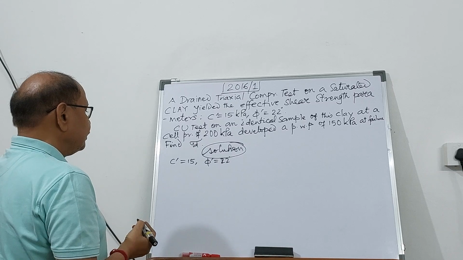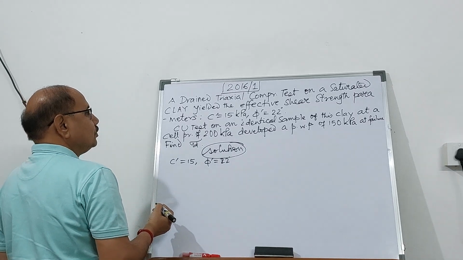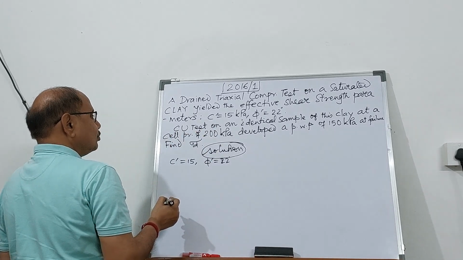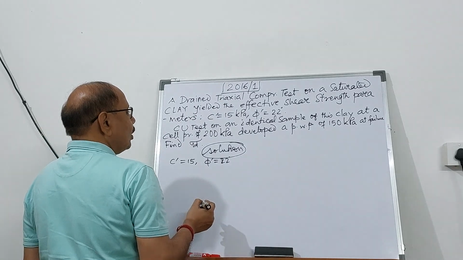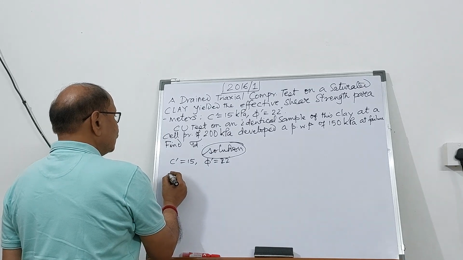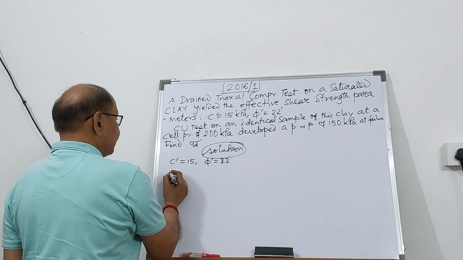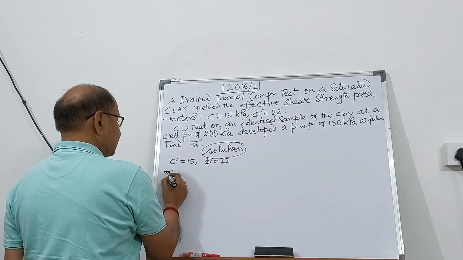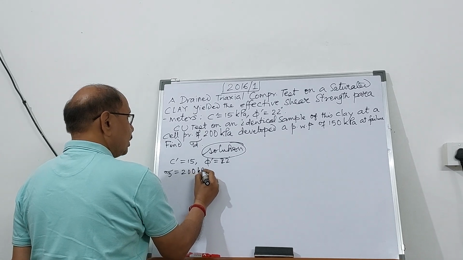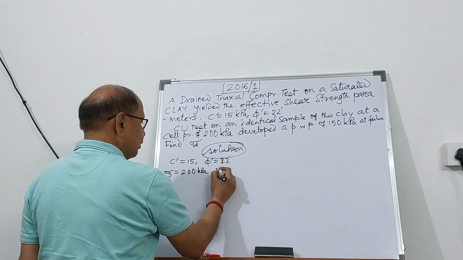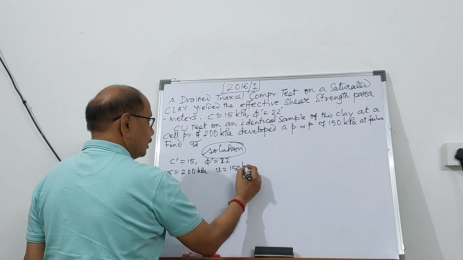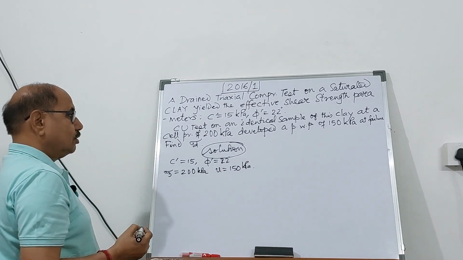And then you have got CU test, consolidated undrained test, on an identical sample of this clay, the cell pressure is 200 kPa, and the increase in pore water pressure is this at failure.